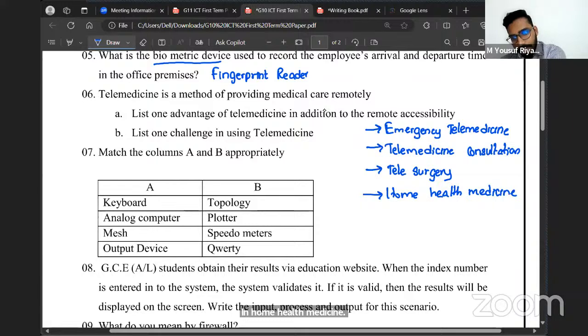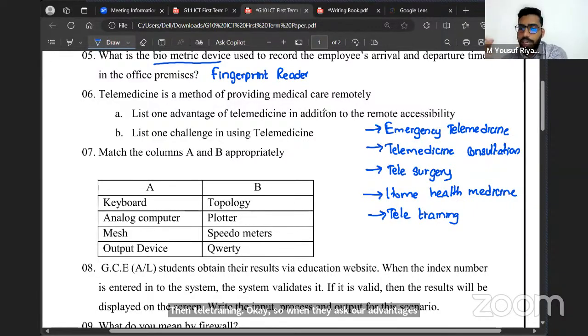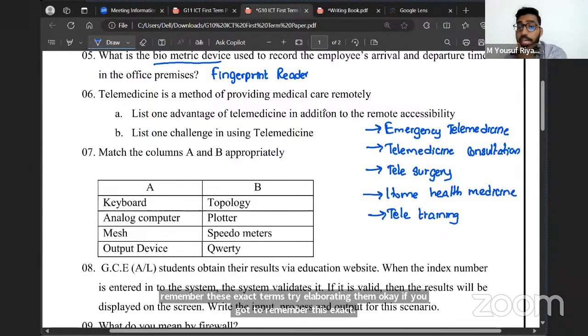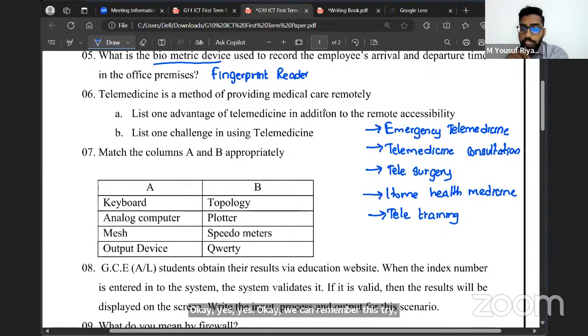Then teletraining. So when they ask about advantages, practice writing these. If you can't remember these exact terms, try elaborating on them. Don't mention random stuff, okay? Because in your lesson, these five are mentioned under the advantages of telemedicine. So better you mention these instead of anything else.